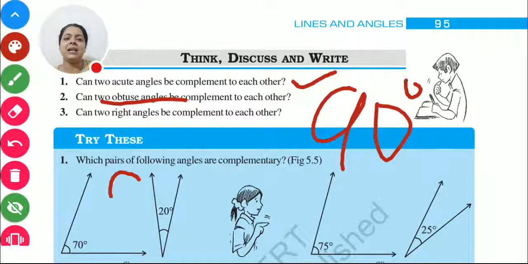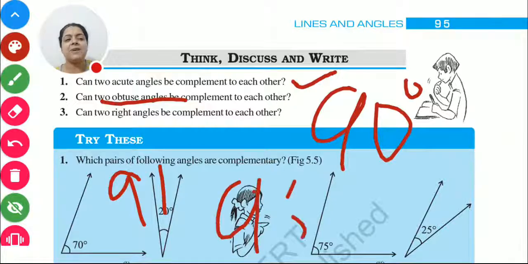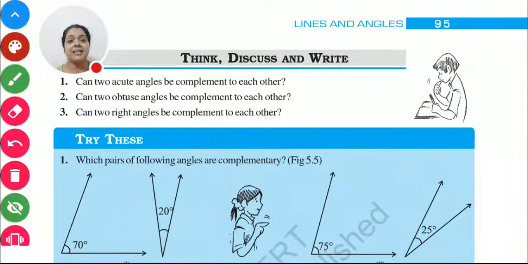Never. Whether I take 91 or 95, one angle alone is already more than the complementary angle. So it can never form a complementary angle, because an obtuse angle is always more than 90 degrees, right?